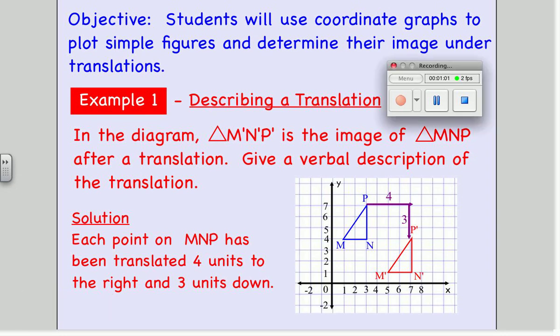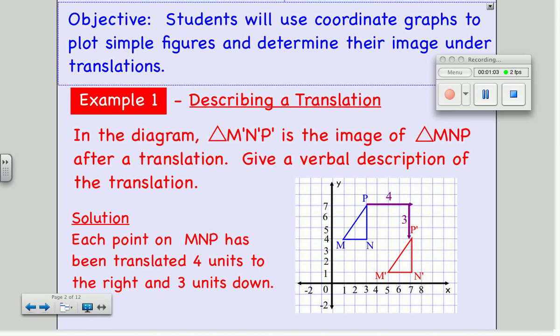So for describing a translation now, okay? So in this diagram, the triangle M' N' P', the copy of it in other words, is the image of the triangle MNP after a translation.